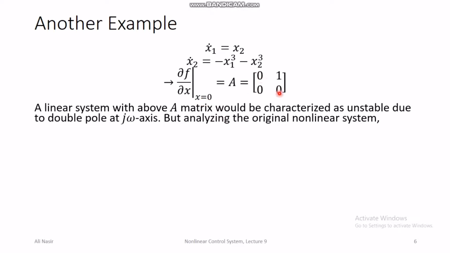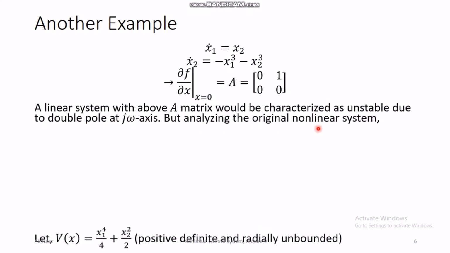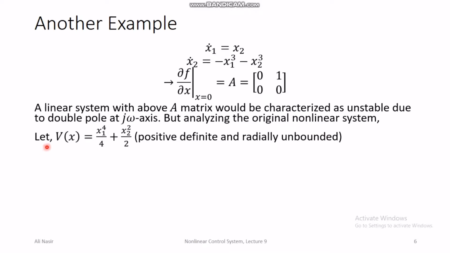So let me try to analyze the stability of this equilibrium point using the original nonlinear system dynamics. A linear system with the above A matrix would be characterized as unstable due to the double pole on the j omega axis. But analyzing the original nonlinear system, we can have a Lyapunov function V of x equals x1 to the power 4 divided by 4 plus x2 square by 2, which is positive definite and radially unbounded.